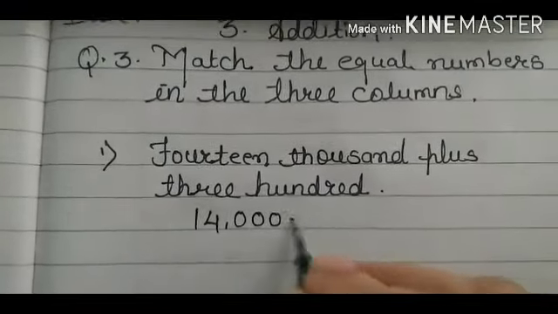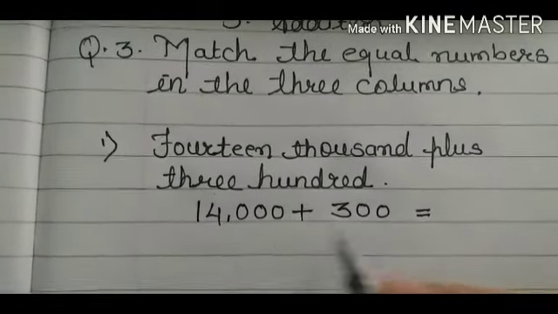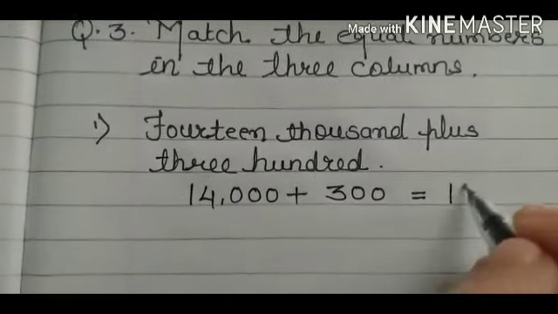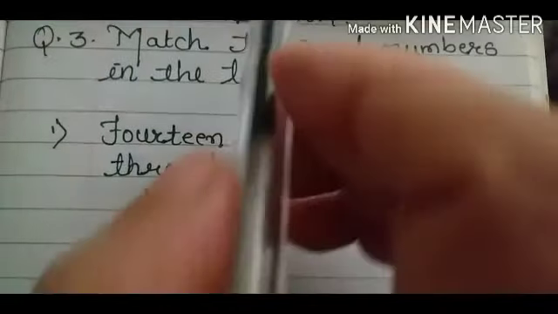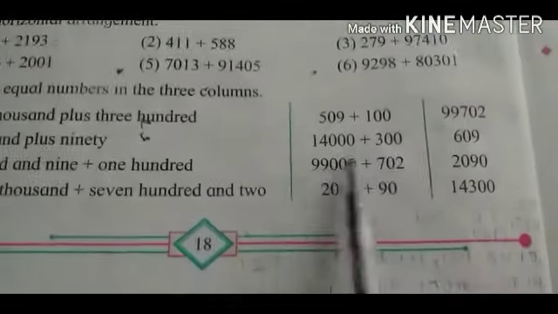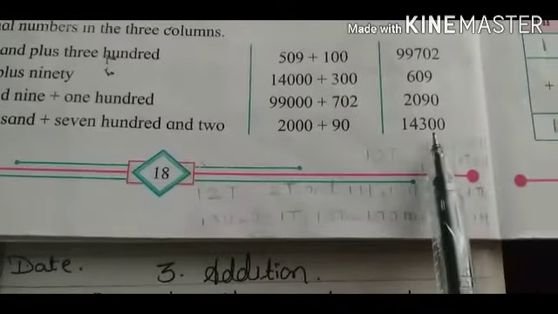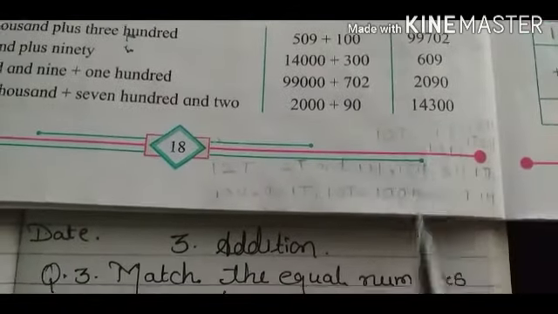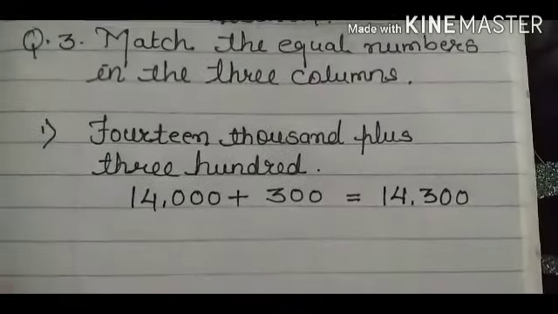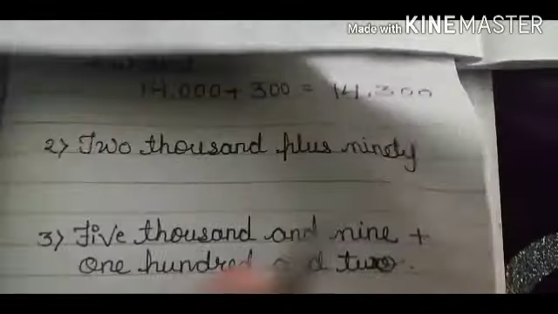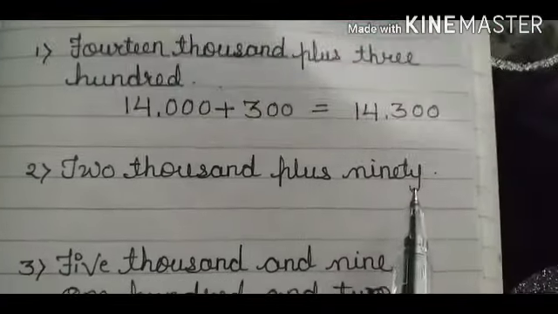So first we will write 14,000 plus 300. So if you will add this both, our answer will be 14,300. So you can see in the column 14,000 plus 300 is given, and in third column also 14,300 is given. So you have to match like this and you have to write like this in your notebook. Now see, question number 2 is given 2,000 plus 90.